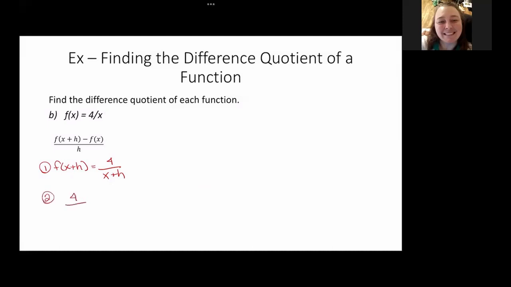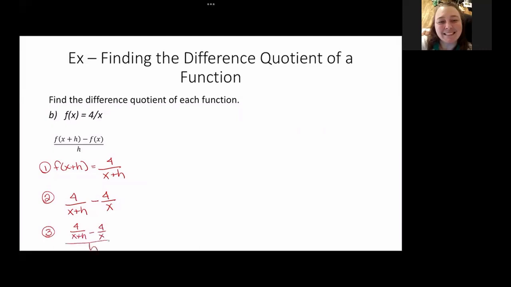So 4 over x plus h minus 4 over x. The third thing I'm going to do is divide it by h. 4 over x plus h minus 4 over x, divided by h.